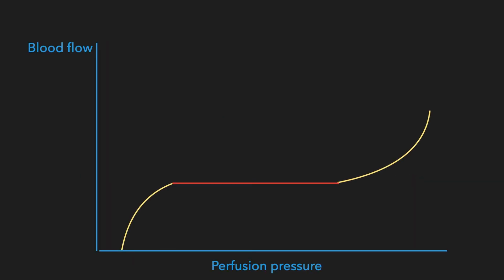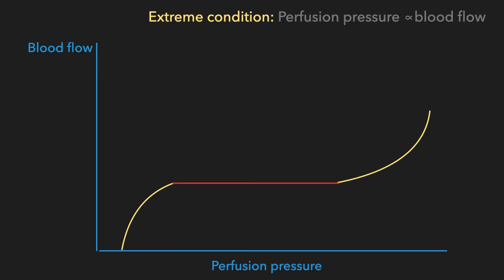I would like to remind everyone of the most important picture about organ blood flow. You can basically use this graph for different organs and their flow-to-pressure relationship. Understand that in the extreme conditions, where you have a perfusion pressure too low or too high, in the yellow curve, your blood flow is pressure dependent.